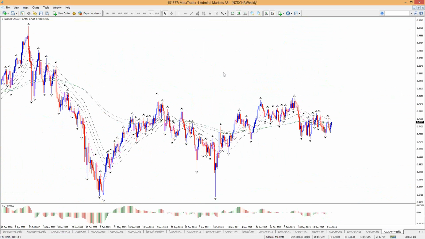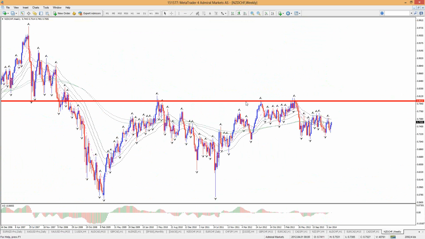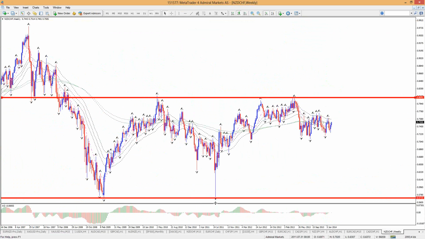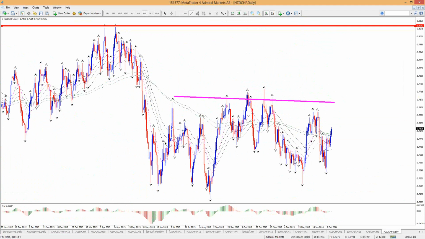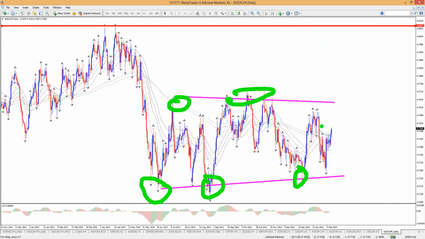New Zealand Swissy was probably not the best example. Also here, pretty choppy resistance level right here. Big range, in fact, on the weekly, the daily, also within this range, a very strong range as well. Look at that. Resistance here, support here, and prices bouncing from top to bottom. This is a good scenario, though, for the range traders, right, that have these levels in mind.